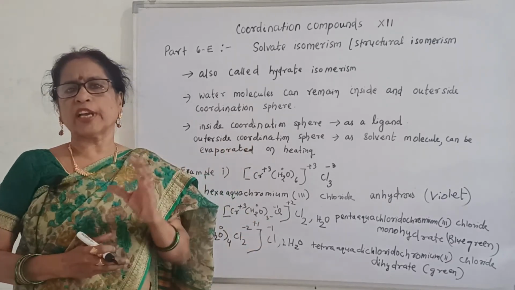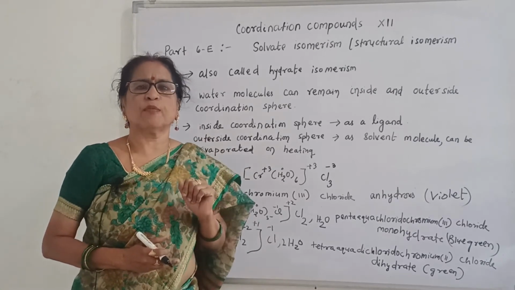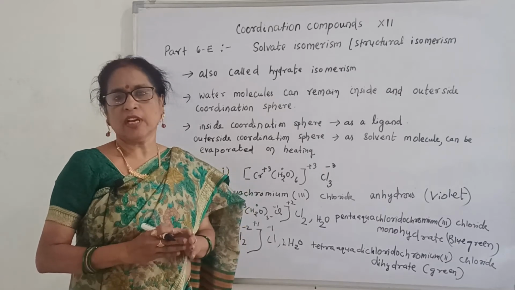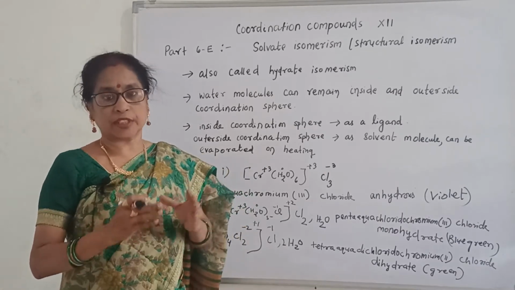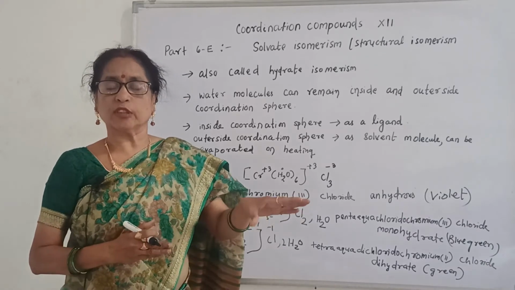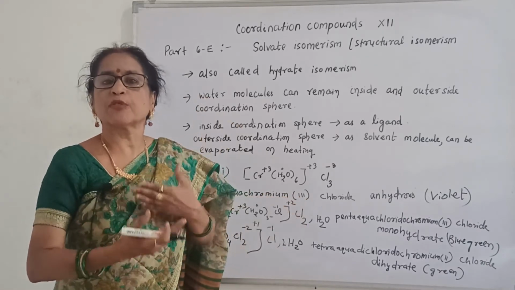You know also in inorganic chemistry, copper sulfate is having water of crystallization, 5 water. When there are 5 water molecules of crystallization, the color is blue. On heating, the 5 molecules of water evaporate and it becomes anhydrous.